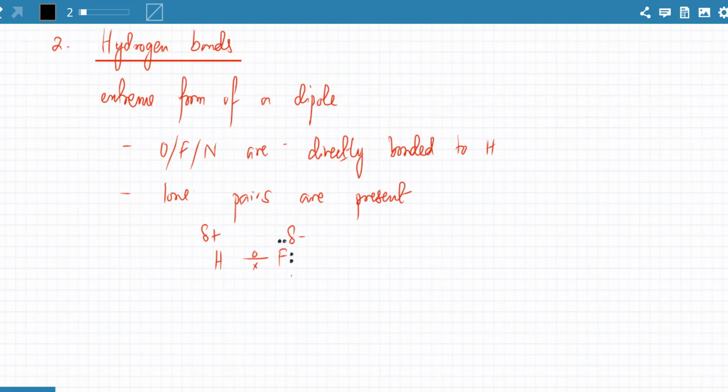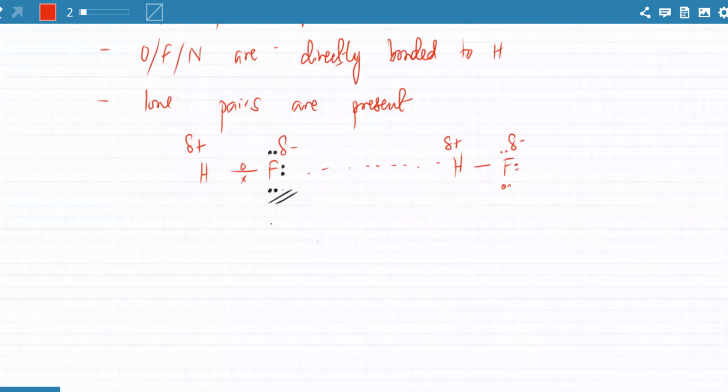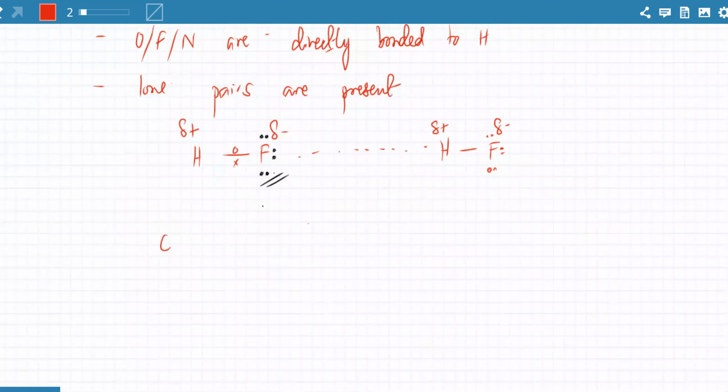There's going to be another F with its lone pairs, and they would be attracting each other. But the force of attraction would be very strong. So that is hydrogen bonds. Whenever you see in a molecule OH, N with H, or F with H, then there's a bright chance that there is hydrogen bonding going on.